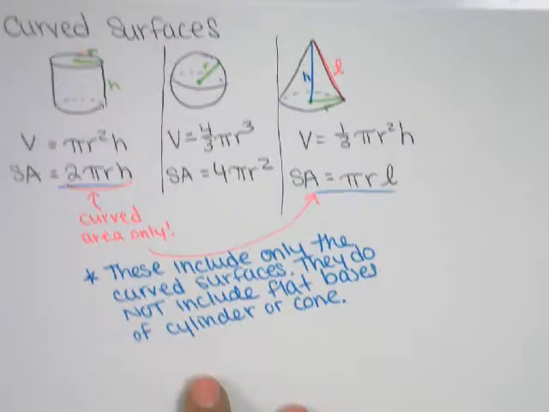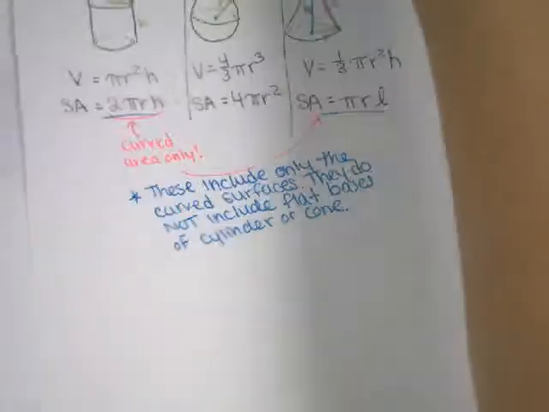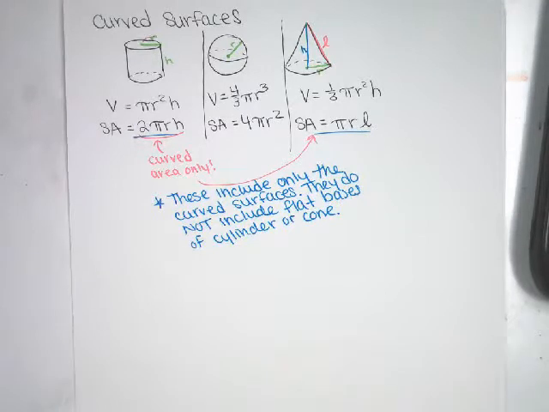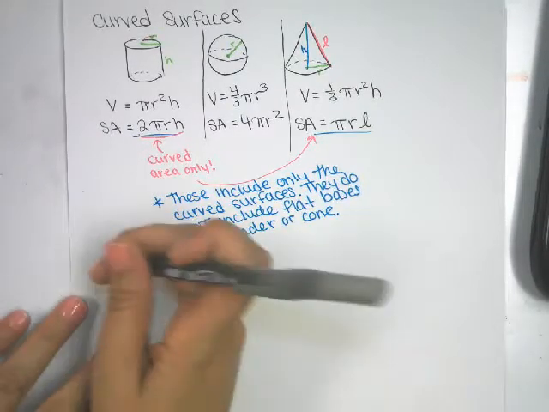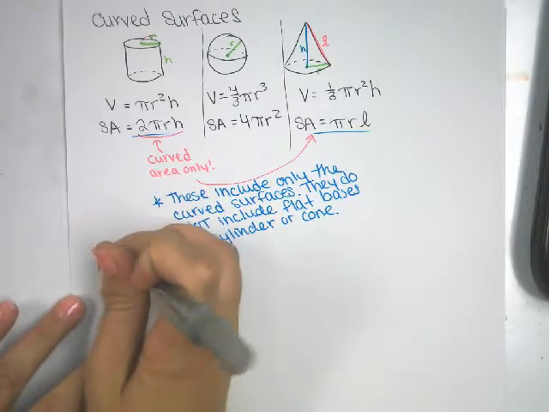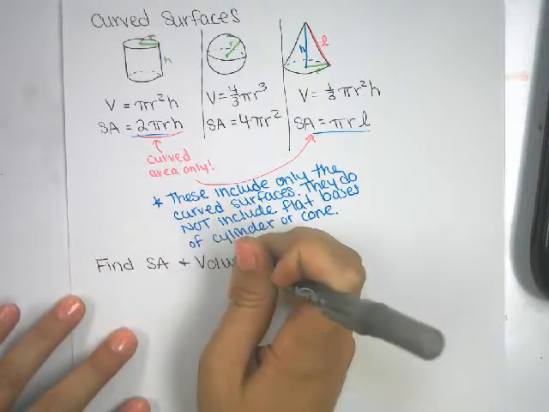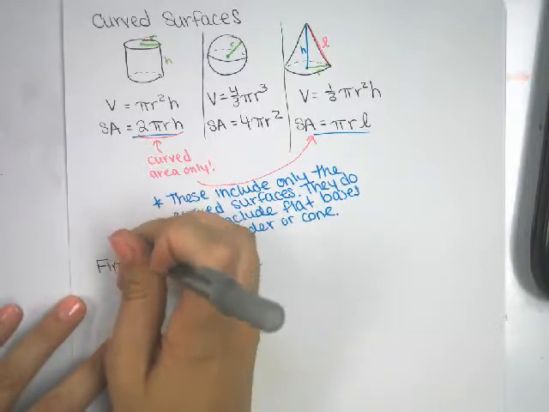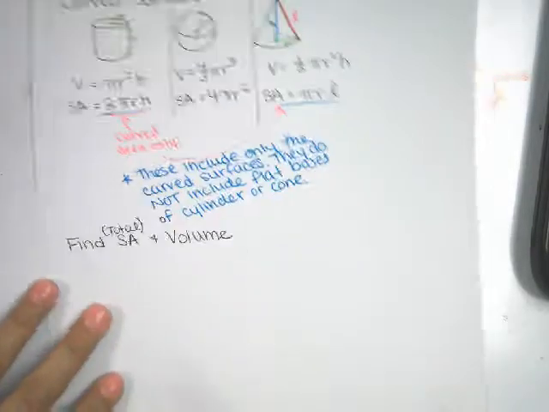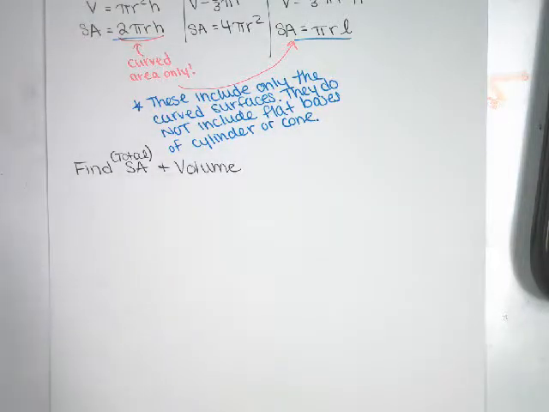They do not include flat bases of cylinder or cone. So be very careful with that. You have to remember to also include those if it asks. So for the following questions, we're going to find surface area and volume. And surface area, we want the total, not just the curved. We want the total surface area and the total volume of the shape. Okay.